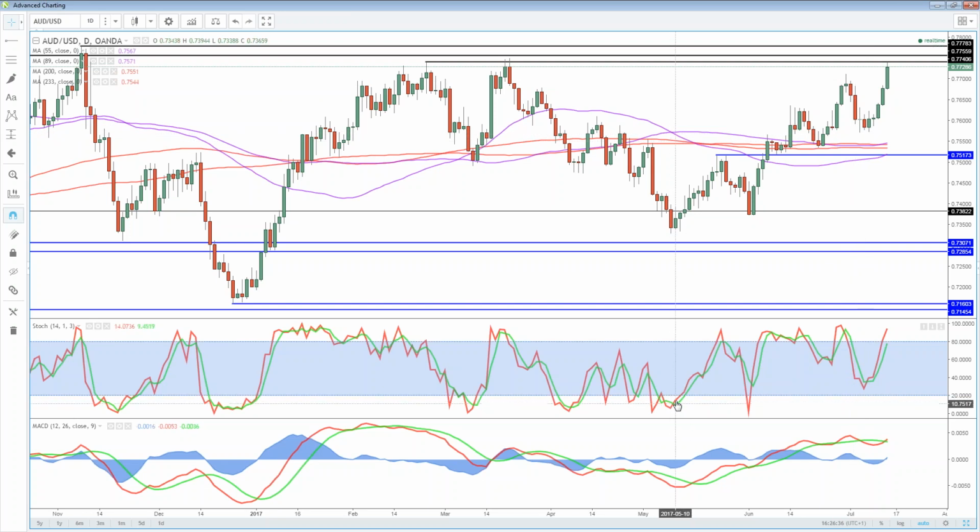We saw the cross here, and then moved out of oversold territory, and then this was followed by a higher move. It doesn't work every time, but as I said with the last one, I wouldn't just use one indicator on its own to give me a buy or sell signal. So while this can be used to support your analysis, I think price action is always king, and I think it should be used with other forms of analysis. And again, you can always find your own format, your own formula, which works for you.